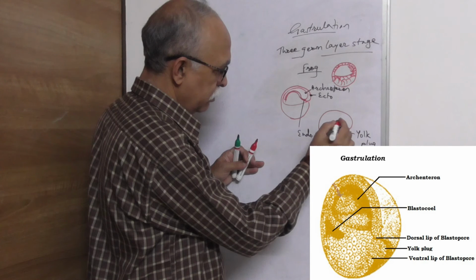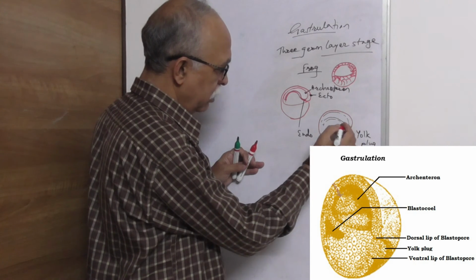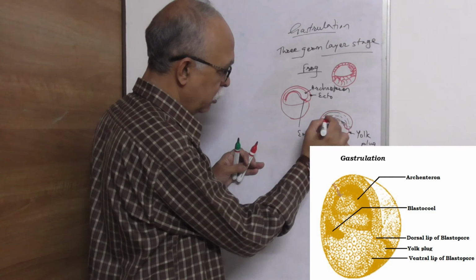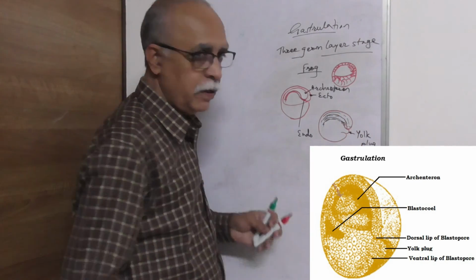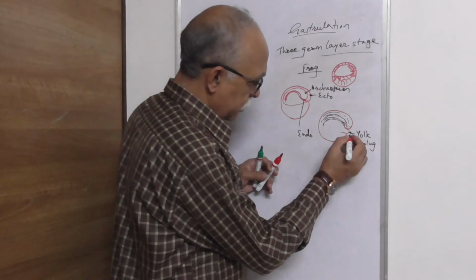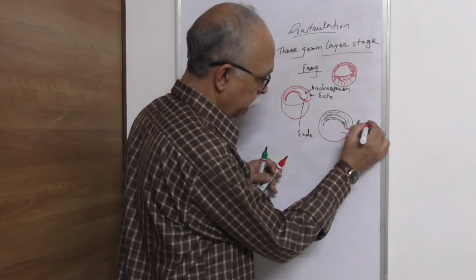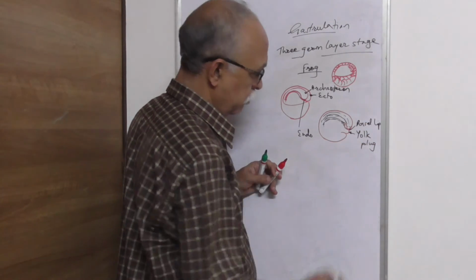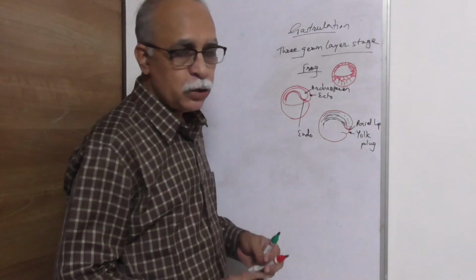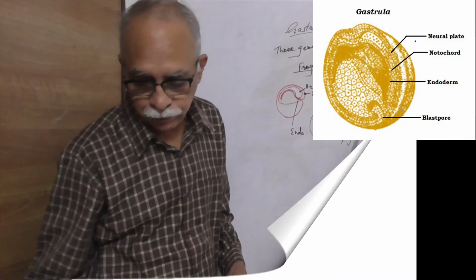Rest of the cells, they are giving rise to ectoderm in the periphery, endoderm at the base, and mesodermal layer would start appearing here. Okay. In the yolk plug, there is a dorsal lip. Ventral lip will be formed below. This is the kind of gastrula which you see in the case of frog. Okay.